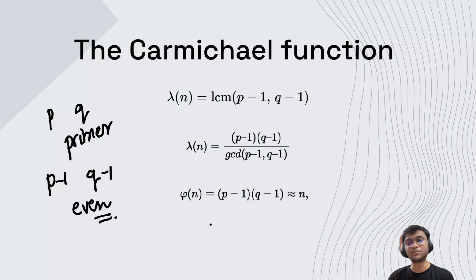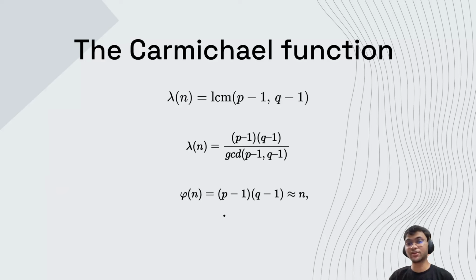Since they are even, they each have a factor of 2. If those are the only common factors, which is often the case for random primes, then we can express the LCM, lambda n, as the LCM of p minus 1 and q minus 1, and each of them has a factor 2. So it's approximately equal to phi n over 2.